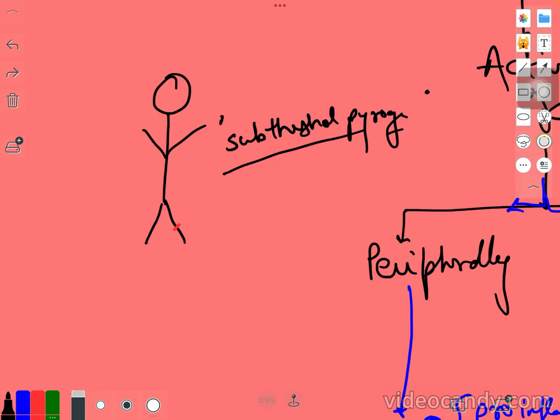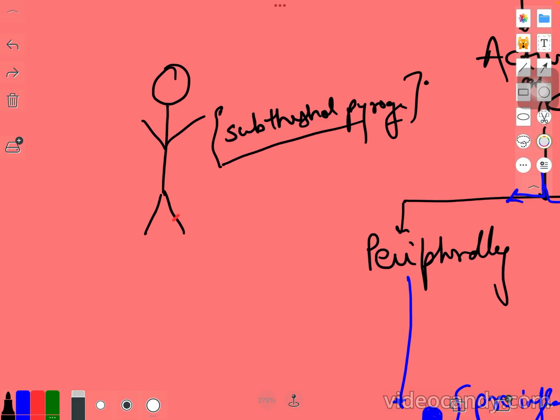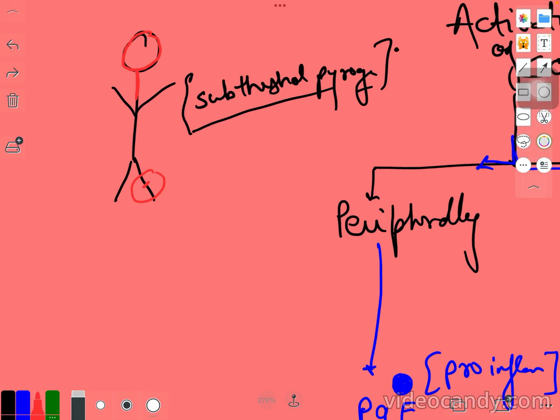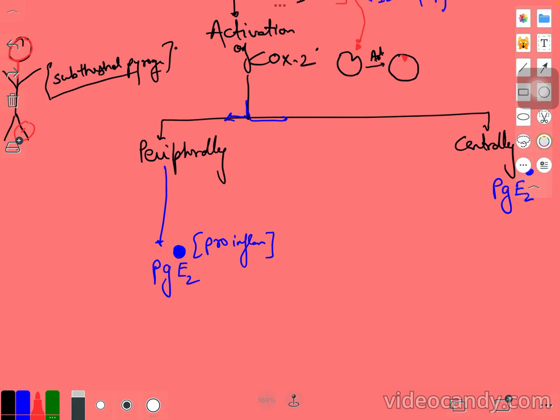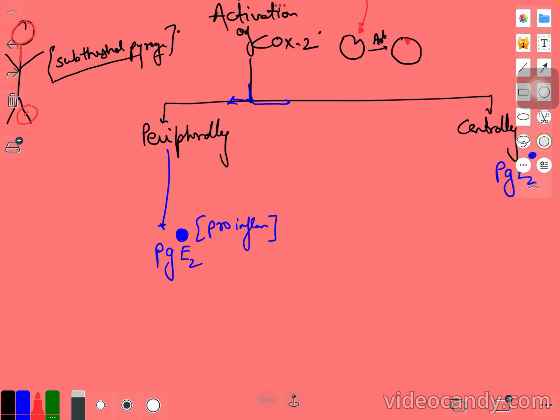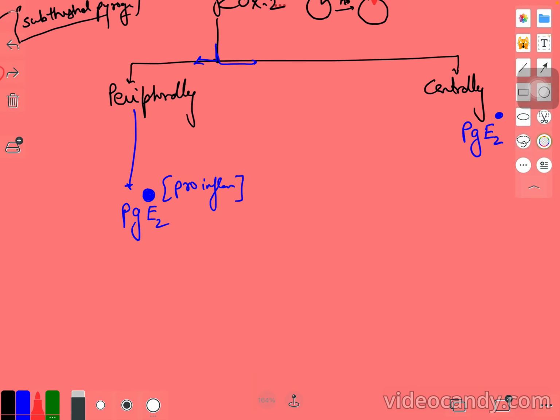We'll come to this thing shortly, right. So two things: central, which is your brain and spinal cord, and the peripheral areas, to where the COX enzymes work, and the output overall is the same, prostaglandin E2 peripherally and centrally.